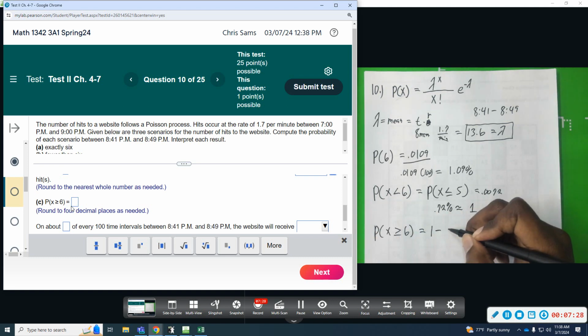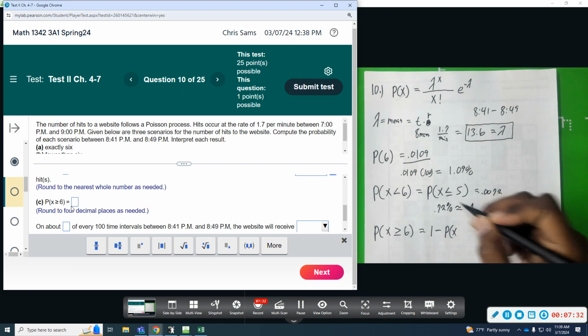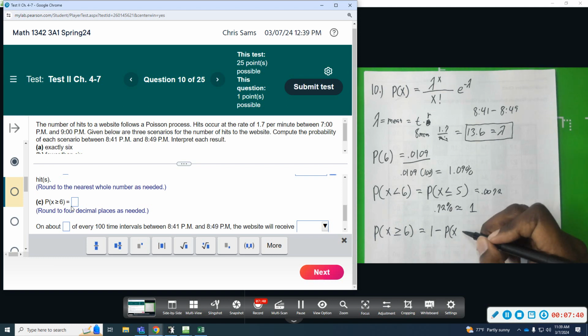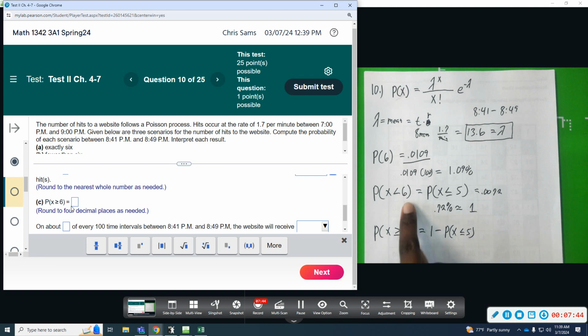So 1 minus the probability that X is less than 6, which is basically the same thing, 1 through 3, 4, 5. Instead of 6 and above, we want to get rid of the lower half, so I'll just say X is less than or equal to 5. So it's the same thing we just did up here. So less than or equal to 5 is 0.0072.